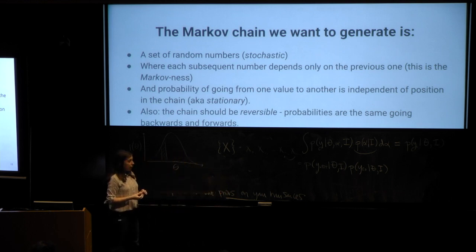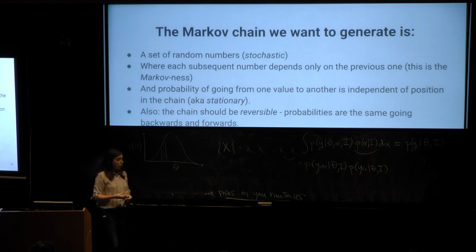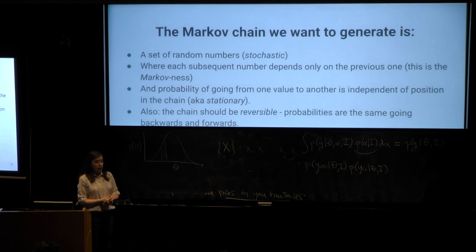So this is saying that I can have a set of transition probabilities between different states that will tell me how likely it is to go from x of n to x of n plus 1. And it doesn't have a long memory of what things came before.